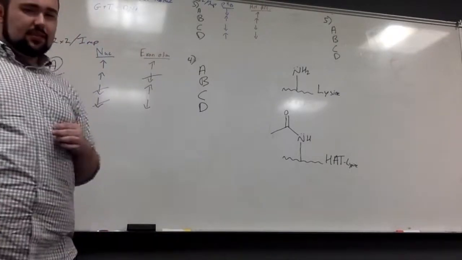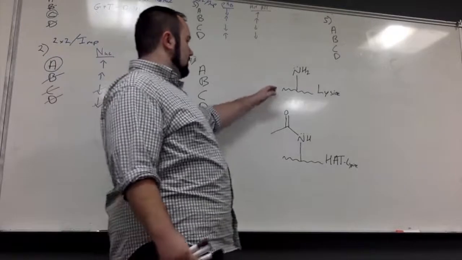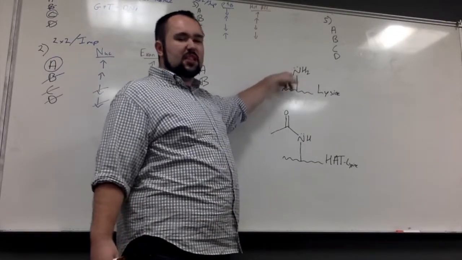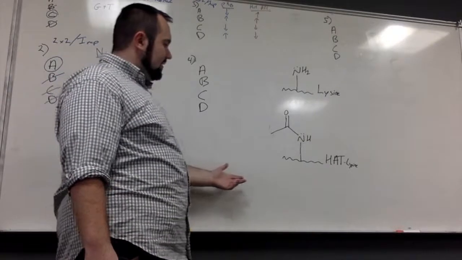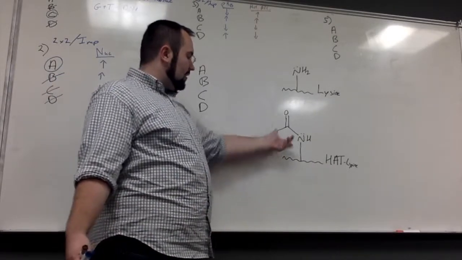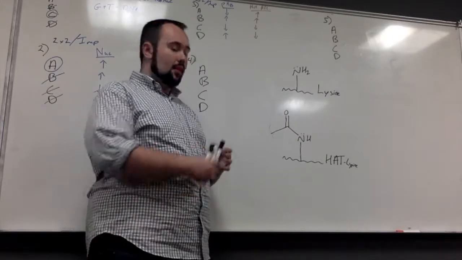But there's a huge difference here. With this lysine, this lone pair is particular to this nitrogen atom. It can't go anywhere. But this HAT lysine is very different in that it actually has a pi bond that is immediately adjacent to the lone pair on a nitrogen.